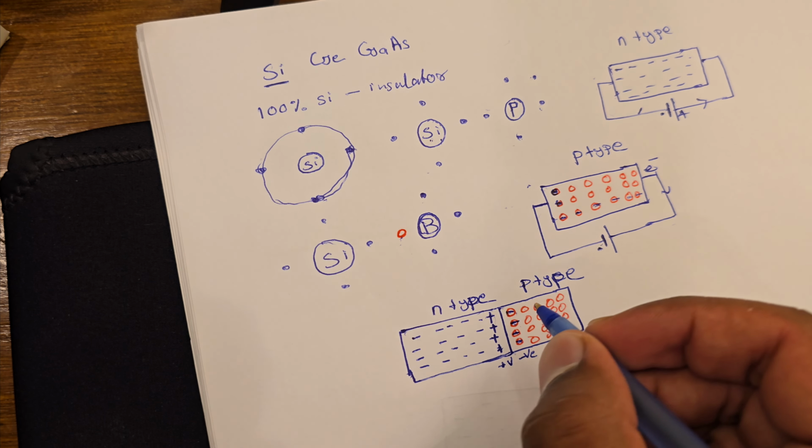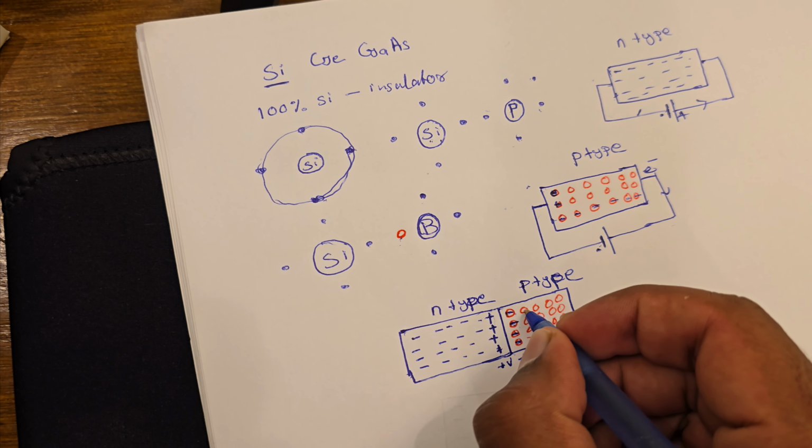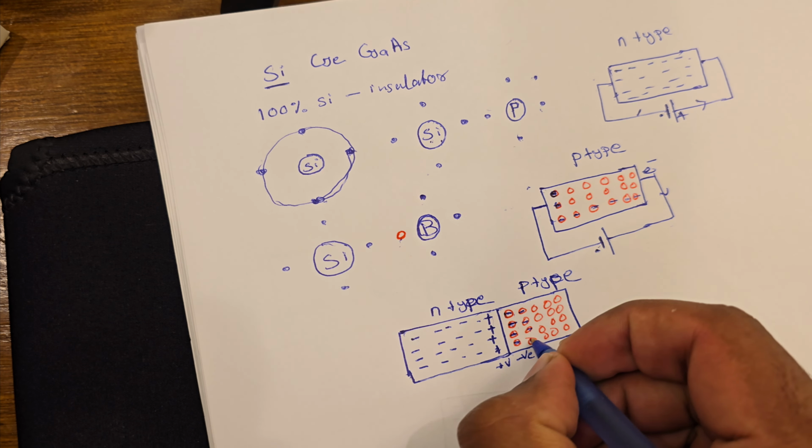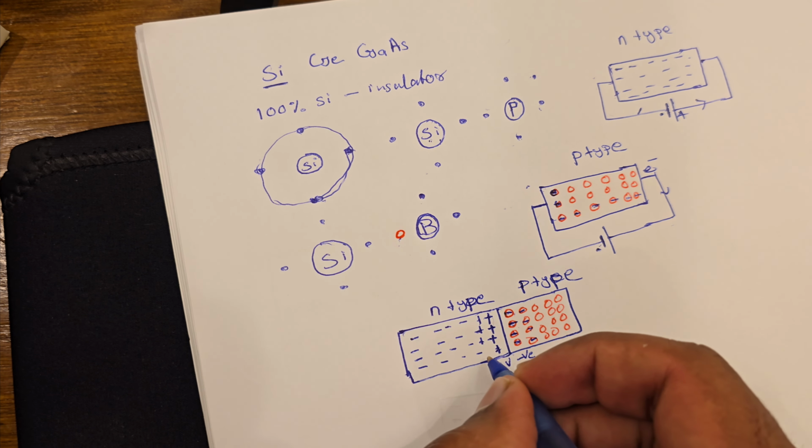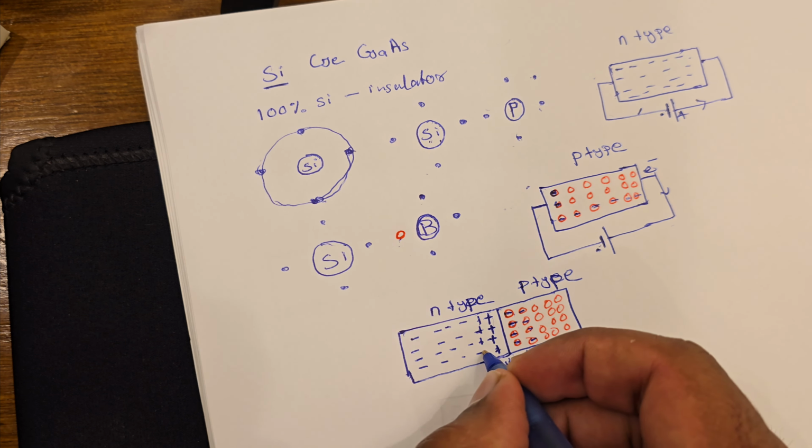Maybe some more electrons can jump, and here it becomes positively charged, as the atoms lose electrons from this region. So you can see close to this junction, this region lost all the free electrons and became positively charged.